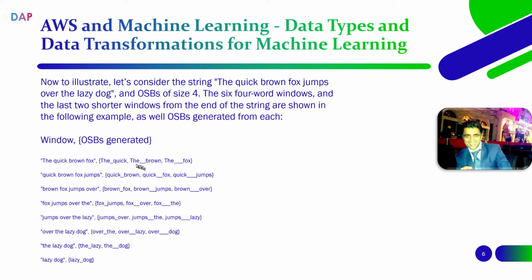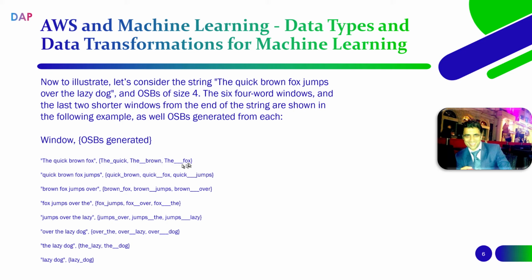Then if you see "the" and "brown", between them there are two white spaces, so each white space is shown by one underscore, so there are two underscores, because there is one space between "the" and "quick" and another space between "quick" and "brown". So it's showing us that "brown" is two underscores away from "the", and so on.